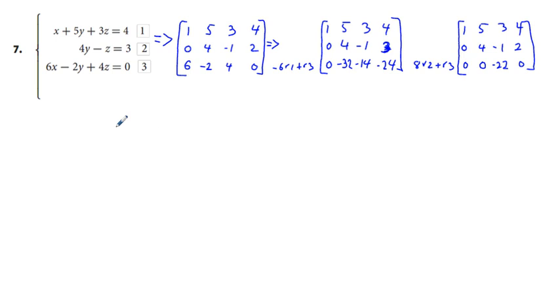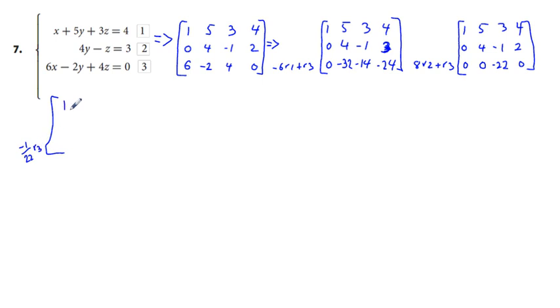Okay, next, in the third row, we're going to get rid of this negative 22 and make it 1. To do that, we're going to take negative 1 over 22 times R3. We're just going to rewrite rows 1 and 2.